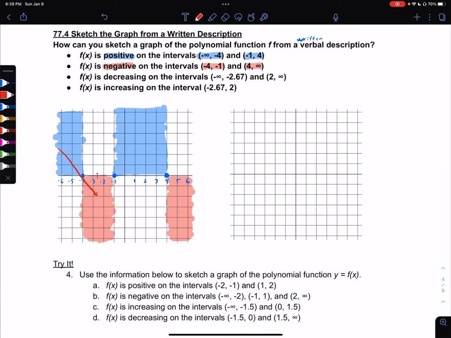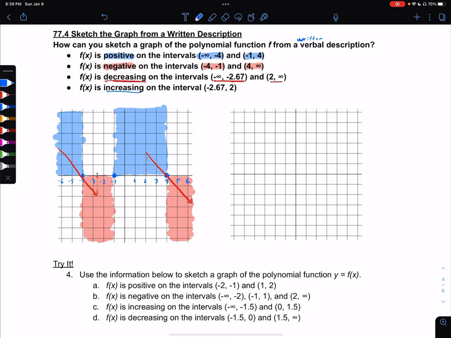It's also going to decrease from 2 to infinity. So somewhere here, and again, I don't know exactly where, but it's going to decrease here, going through that intersection point. So it's going to decrease here and here.